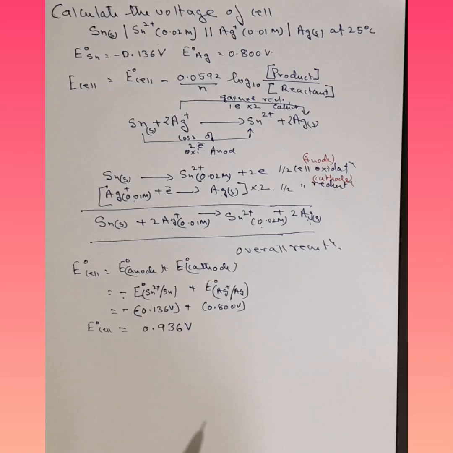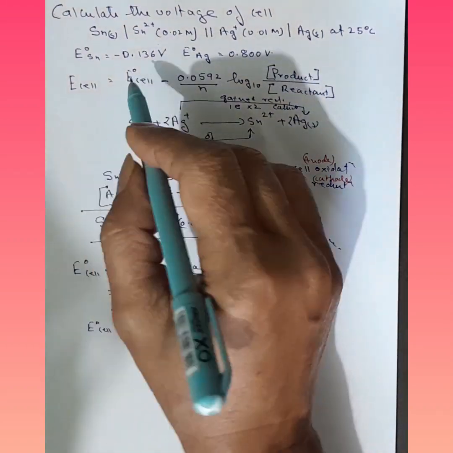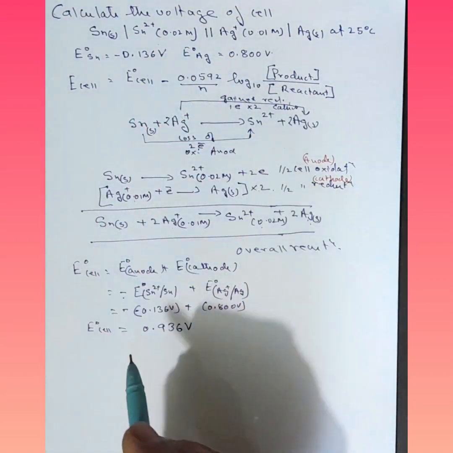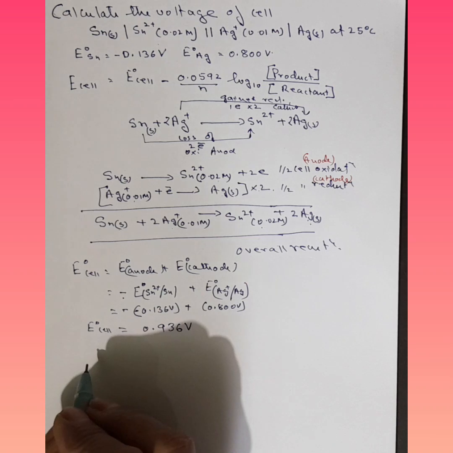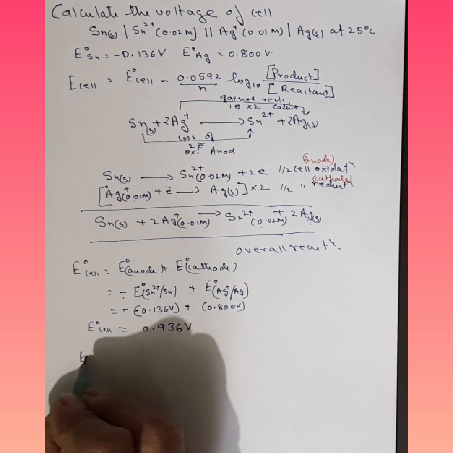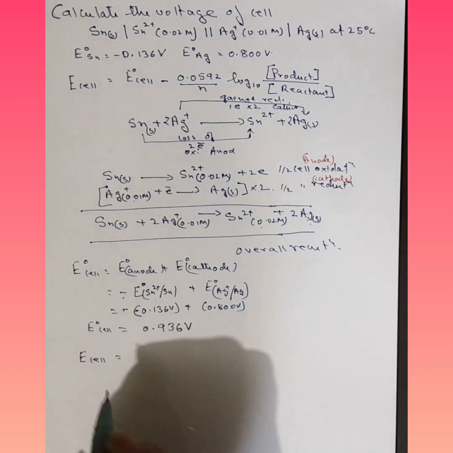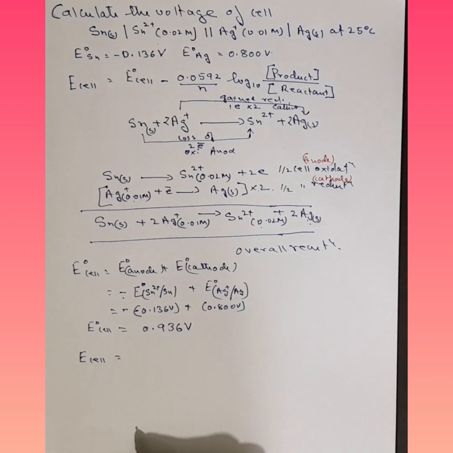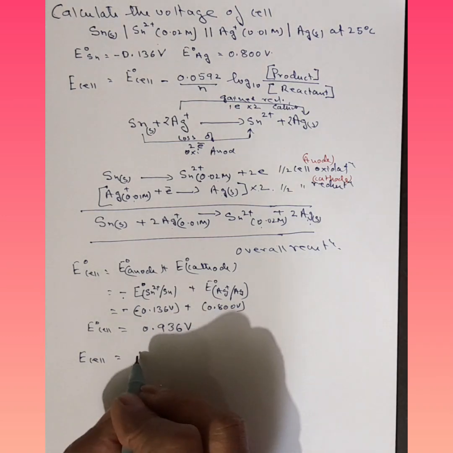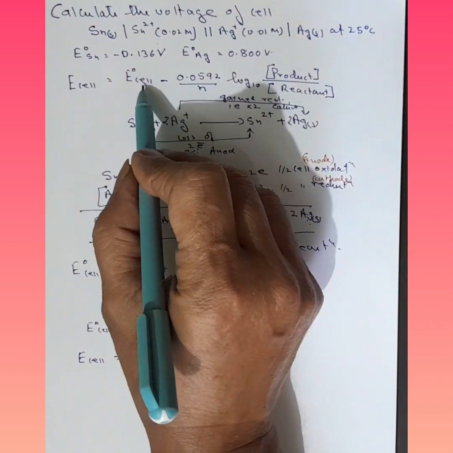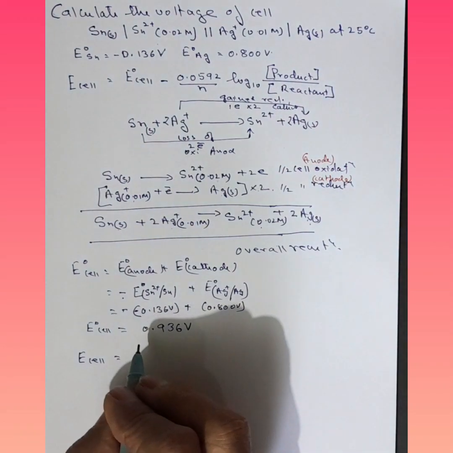Alright. Now our mission is, we already have got this. So let's get into the actual EMF of the cell in non-standard condition. Let me just substitute this directly now.